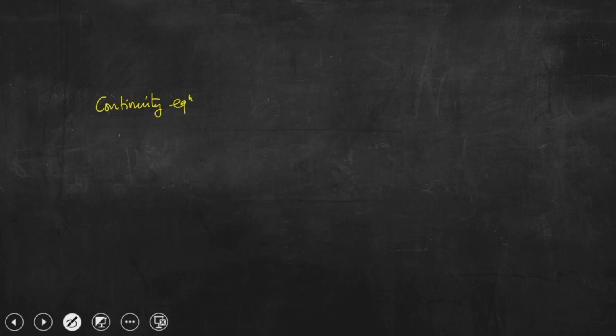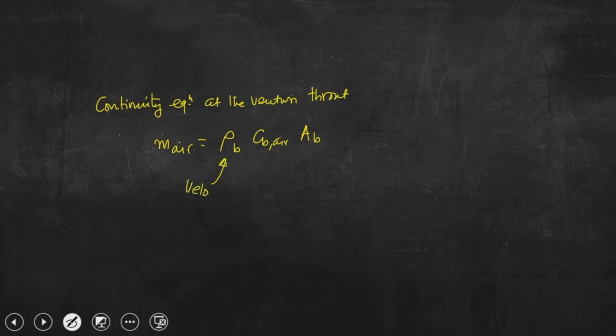Mass flow rate at the venturi throat: we can write m dot air equal to density of air at section BB, times velocity of air at section BB, times area.